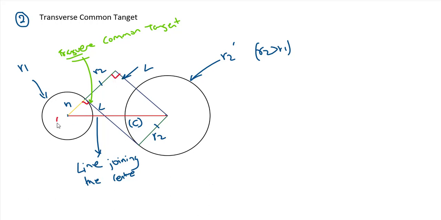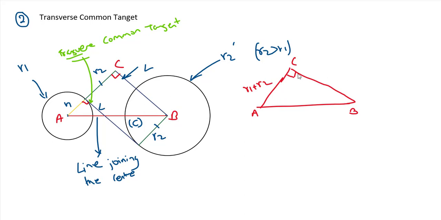Now if we consider the triangle ABC, I'll just redraw the figure over here. This is A, this is B, this is C, and this angle ACB is 90 degrees. This portion is R1 plus R2. This portion is equal to the length of the tangent, and this AB is the length of the line joining the centers of the circles.